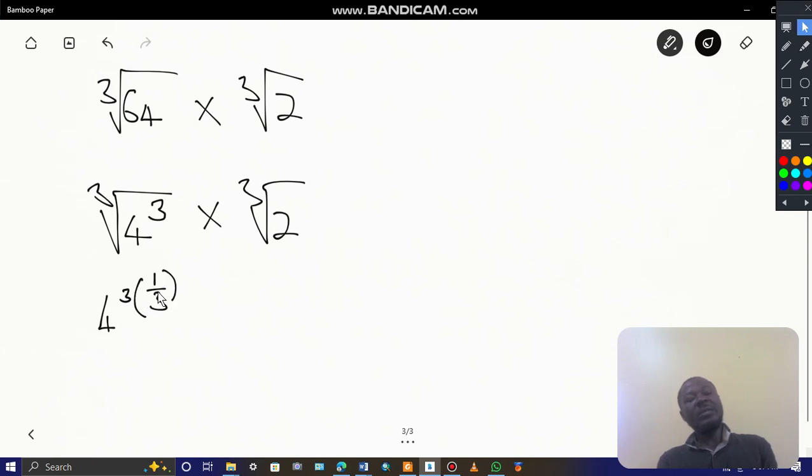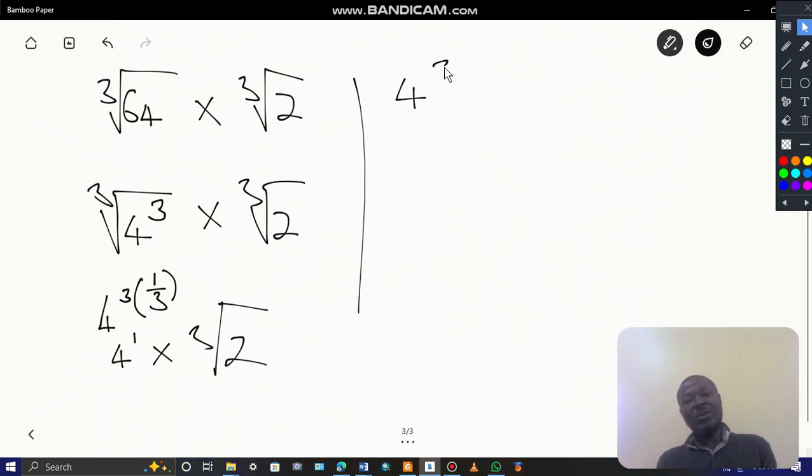It works out 3 multiplied by 1 over 3, which means it will be 4 to the power 3 over 3, which is 4 to the power 1, times the cube root of 2. And then the final result is 4 times the cube root of 2. It means you have simplified that one.